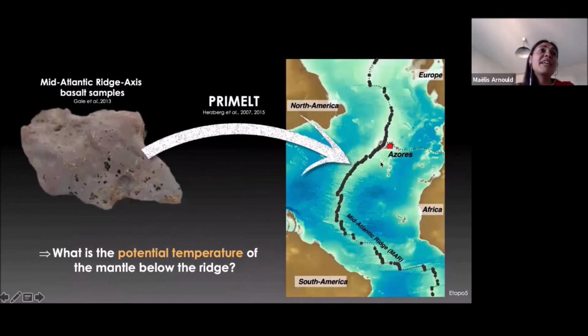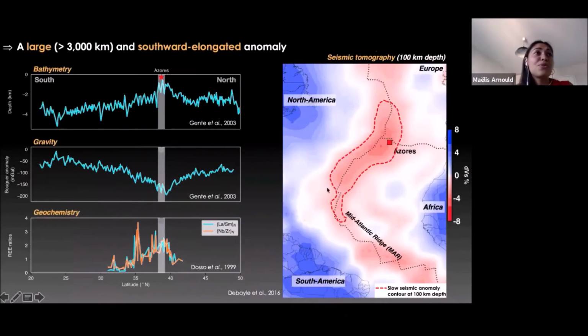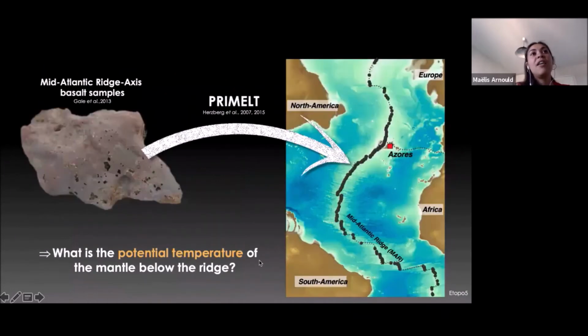So this would mean that we have a sort of asymmetry here.